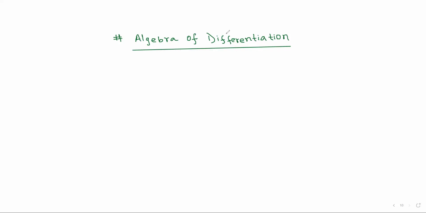So basically, let's say you have two functions, u and v. I have to differentiate the function u plus v. So (u plus v) dash is u dash plus v dash.